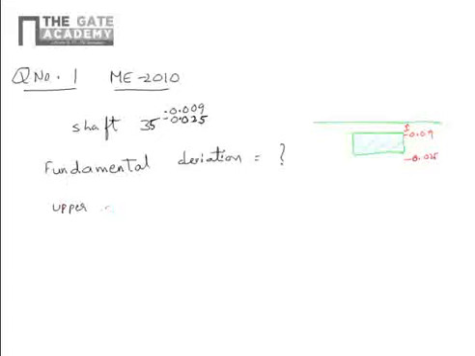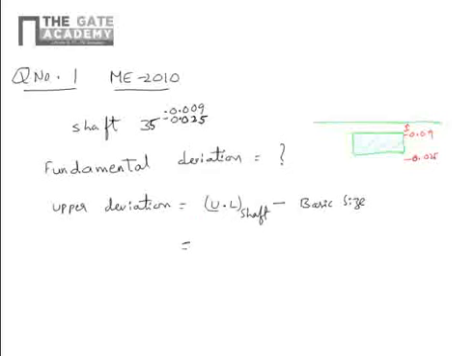Upper deviation equals upper limit of shaft minus basic size, or basic size minus upper limit, you can also take.